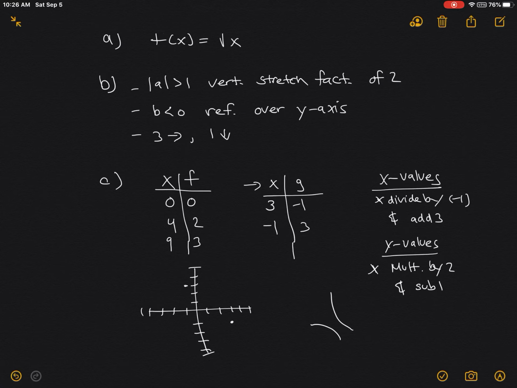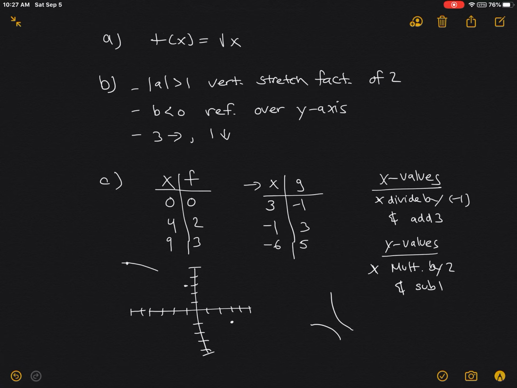All right, so if I do 9 and divide by negative 1, I'm going to get negative 9. Plus 3 is negative 6. And then for 3, if I multiply by 2, I'm going to get 6. 6 subtract 1 is 5. So negative 6, comma 5 is going to look something like that.